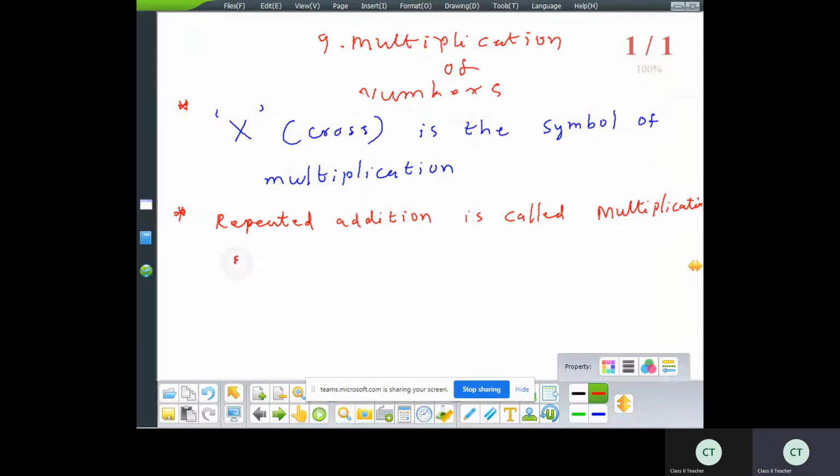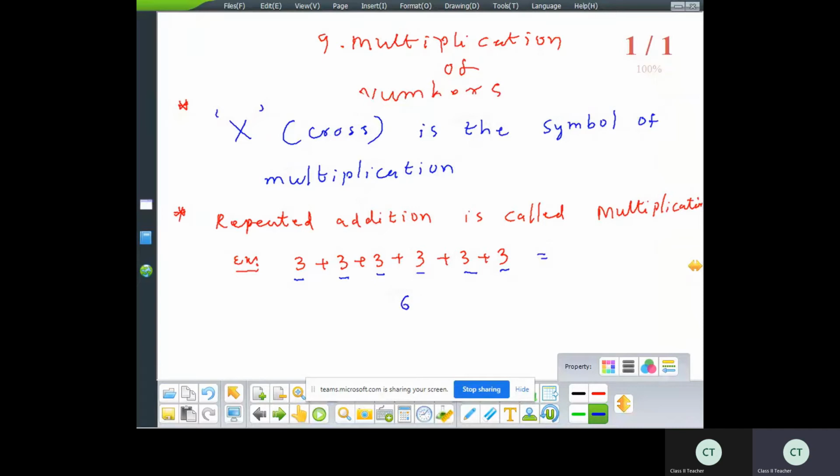For example, 3 plus 3 plus 3 plus 3, 3 plus 3 plus 3. Here, how many times 3 repeated? 1, 2, 3, 4, 5, 6. 3 repeated 6 times.